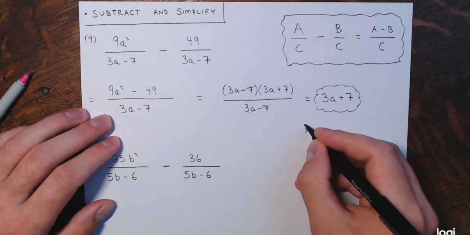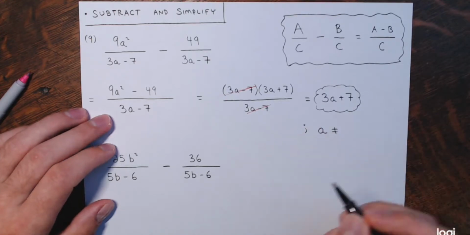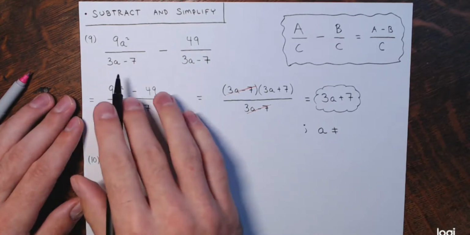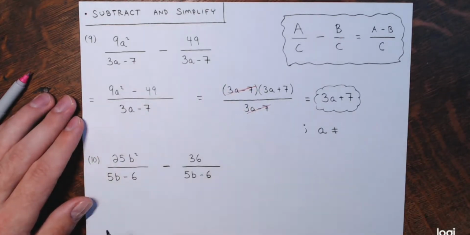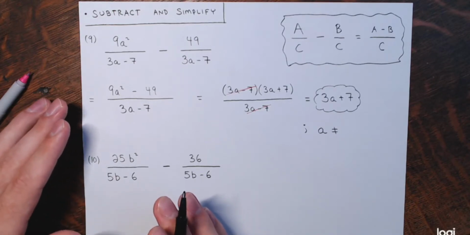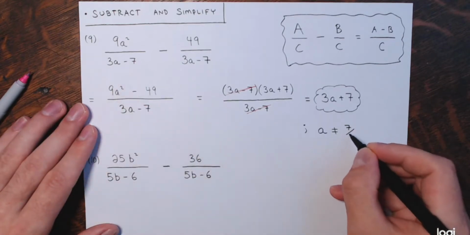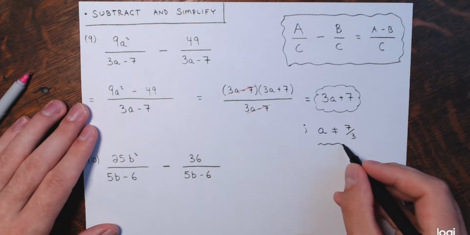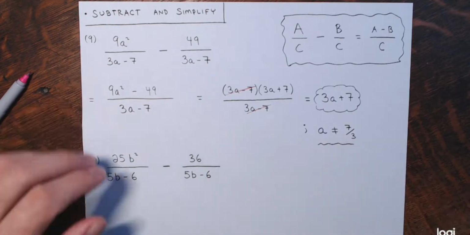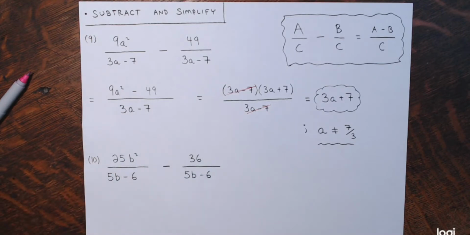And then after, I'll state the values I can't replace a with. Look throughout the entire problem. Whatever values of a ever make a denominator equal 0, those are bad. I can't use those. And that would be 7/3. a can't be 7/3, because that would make me divide by 0 throughout this problem.